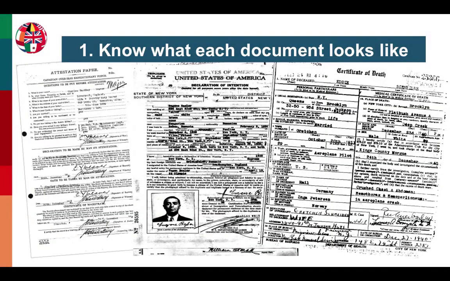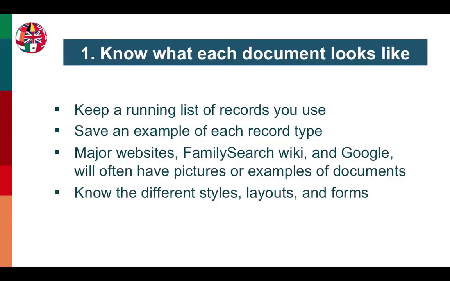All right, number 1, let's cover know what each document looks like. These are three different documents: an attestation paper from the Canadian Forces, United States of America naturalization papers, and a death certificate. Some suggestions to help you with this would be to keep a running list of records that you use and save an example of each of these record types.